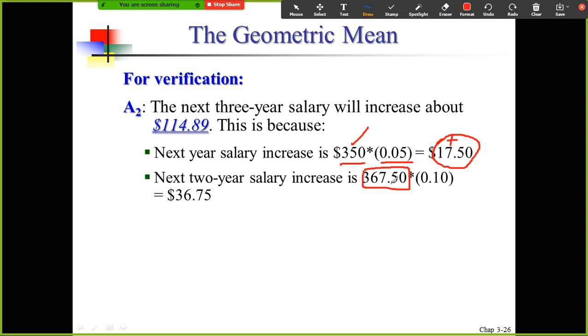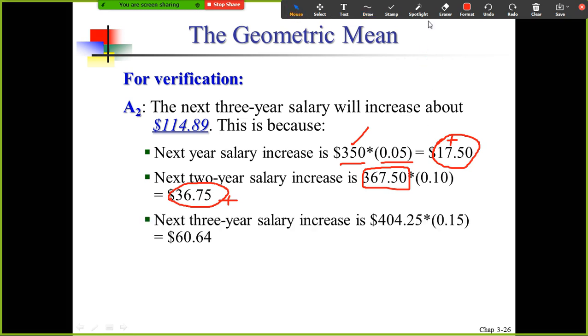And in the next 2 years we got 10%. That's why we take next year's salary multiplied by 10%, and we get the increase. This is the next 2 years' salary increase. So how much will the next 2 years' salary be? It will be 404.25. How do we get it?